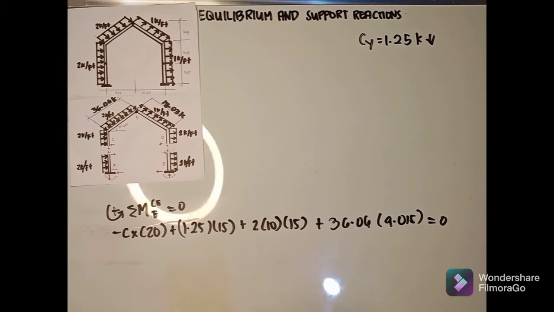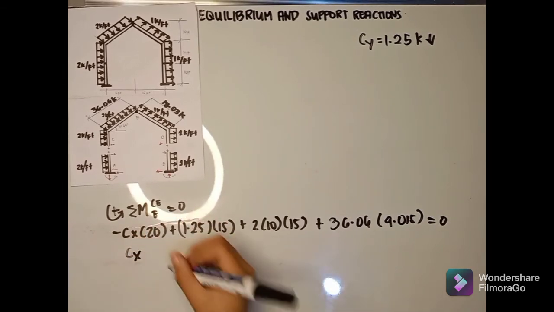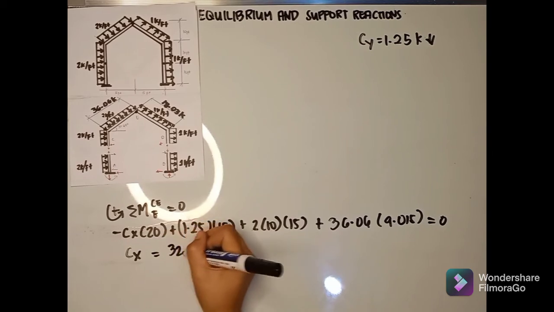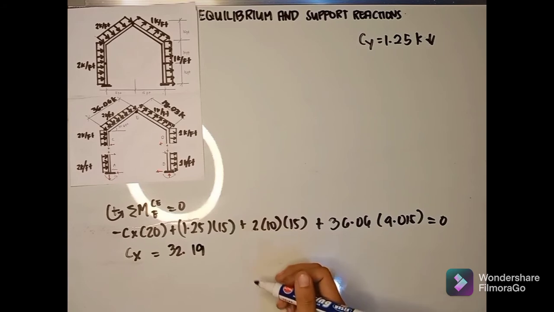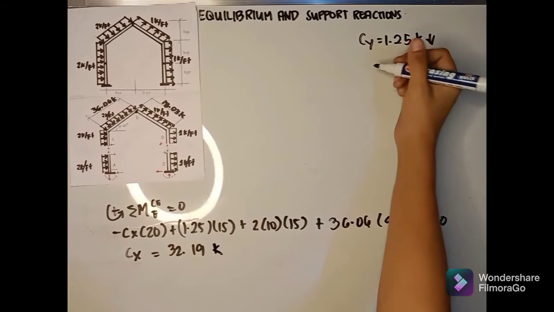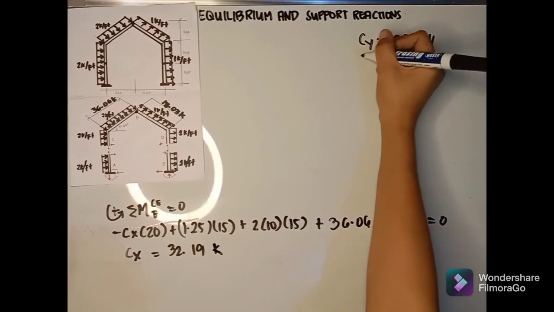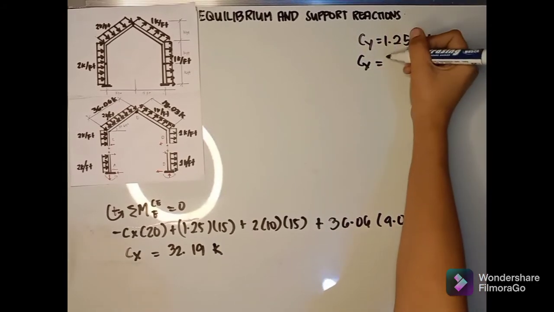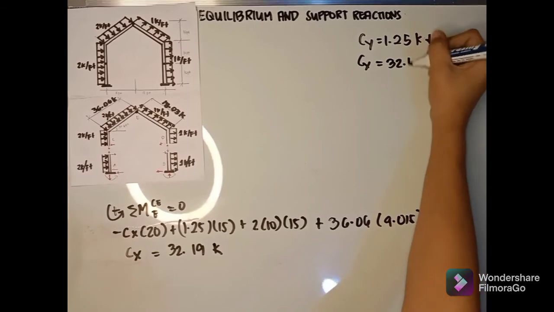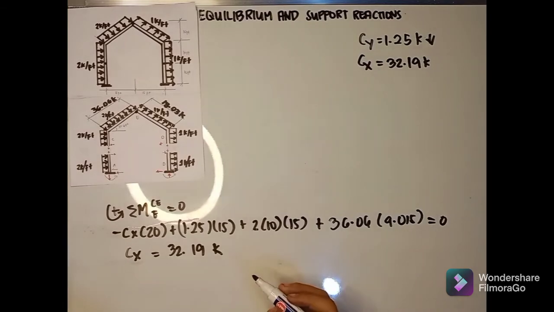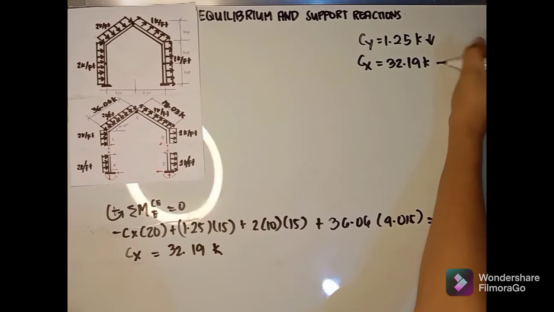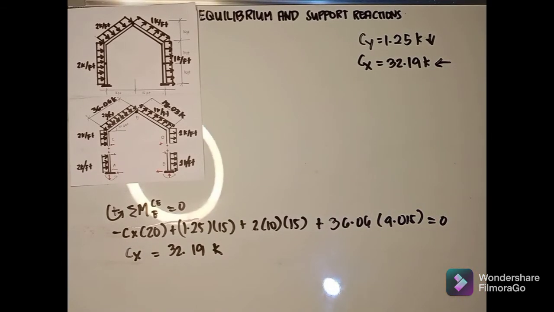So solving for Cx, we have 32.19 kips. So Cx is equal to 32.19 kips. This means our assumption that Cx is to the left is correct again. Okay.